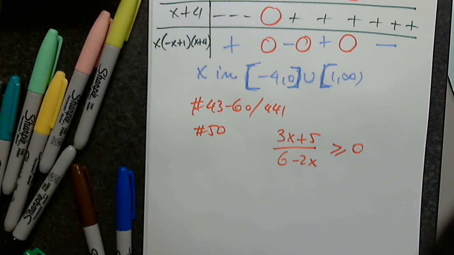Good. So the note that we have to write, which is extremely important: we cannot multiply both sides of an inequality like this by 6 minus 2x. Do not try it. Why? How come I cannot get rid of this denominator? Why?